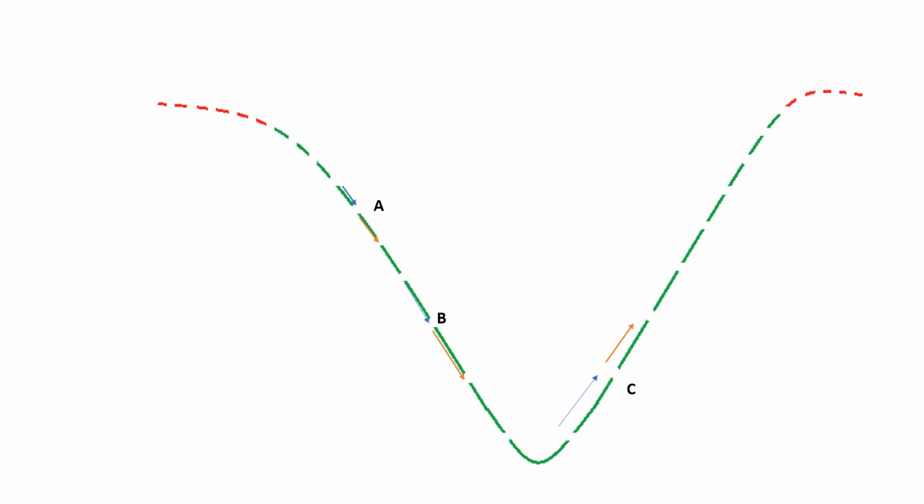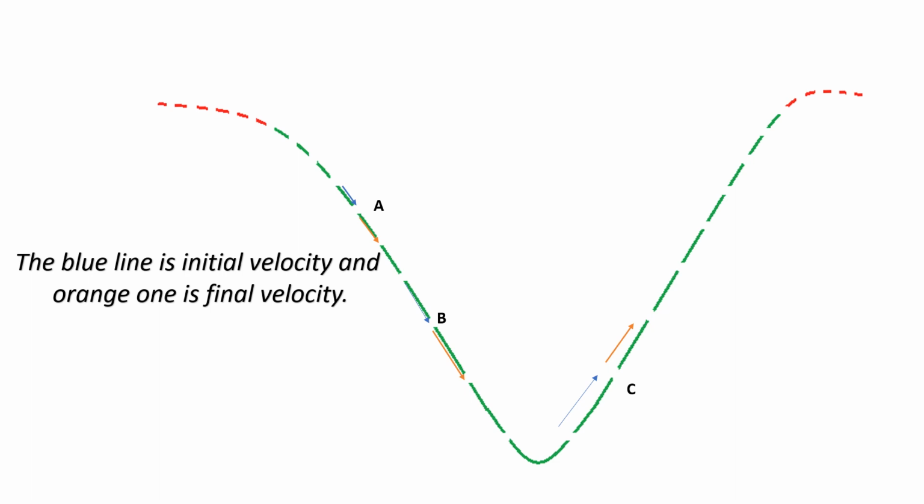You're going to draw your vector from the beginning to the end of the dash. The blue lines, of course, are your initial, and the orange vectors are the final velocity. So there's your initial and your final. Now, whatever we do, you're going to take your initial, then you're going to subtract your final, and your delta V is going to be the line that goes from where you started to where you end.